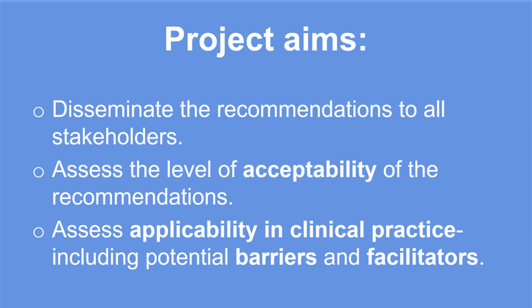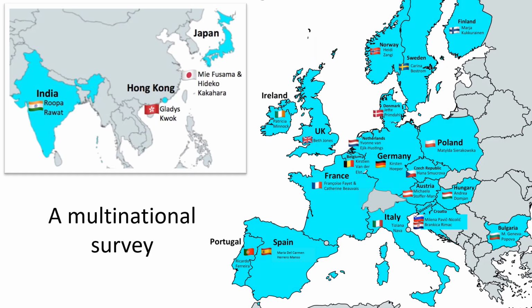The aims of this research were threefold: disseminate the recommendations to all stakeholders, assess the level of acceptability of the recommendations, and assess applicability in clinical practice, including potential barriers and facilitators to their application. This cross-sectional multinational study used an online survey, with items developed in English, translated into 20 different languages, and distributed by our research partners to health professionals using snowball sampling across all these countries in Europe and Asia.